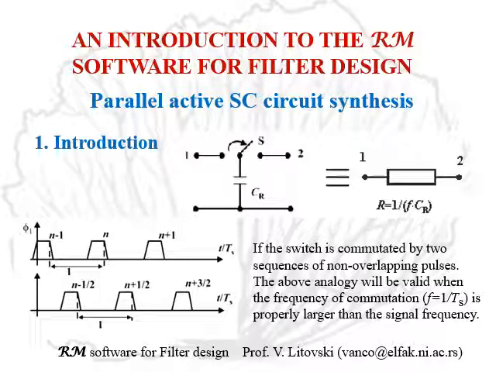Here is the basic of the switched capacitor theory. If the switch above on the left is commutated by two sequences of non-overlapping pulses as shown on the left, the above analogy will be valid if the frequency of commutation is properly larger than the signal frequency, at least twice.